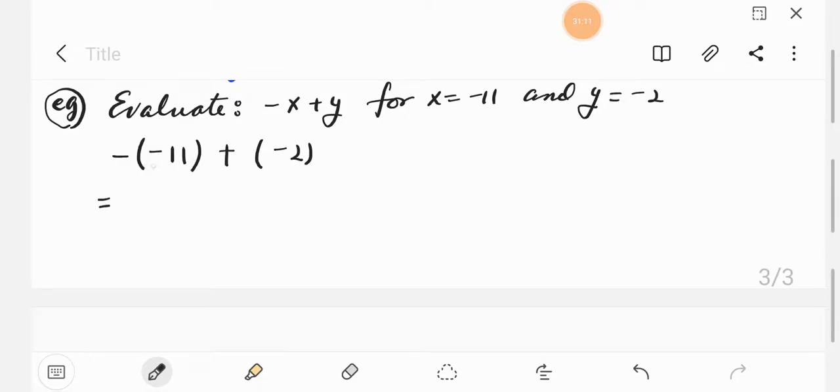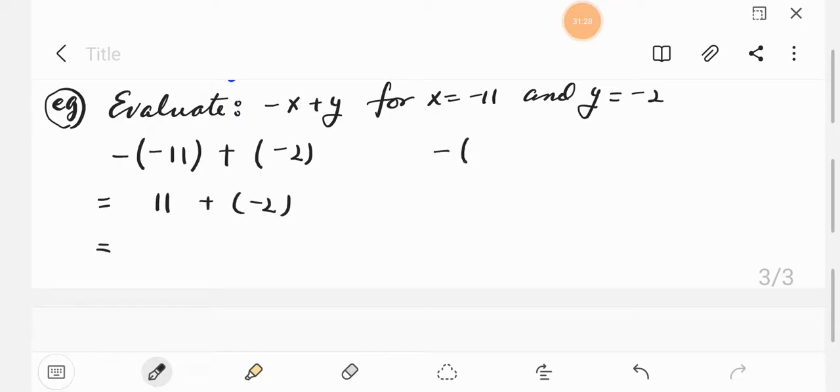All right. So negative, isn't this the opposite of negative 11? Opposite means change the sign, right? So this will become 11 plus negative 2.